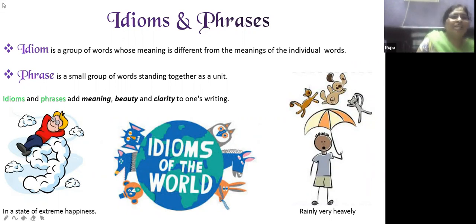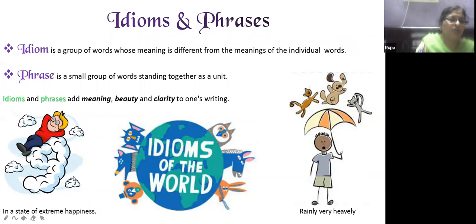Now pictorially I have shown two idioms, children. See here, this is what a person is on number 9. This is actually an idiom, on cloud 9. When are you on cloud 9? What does this mean?